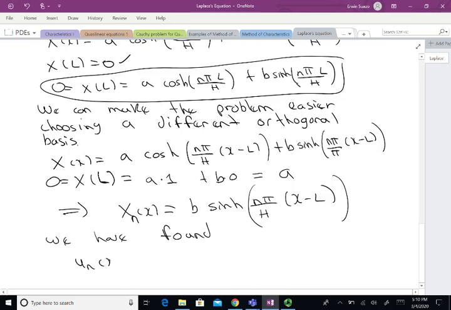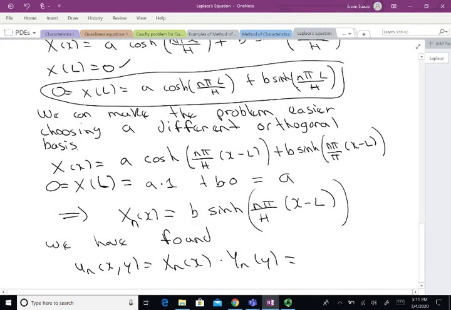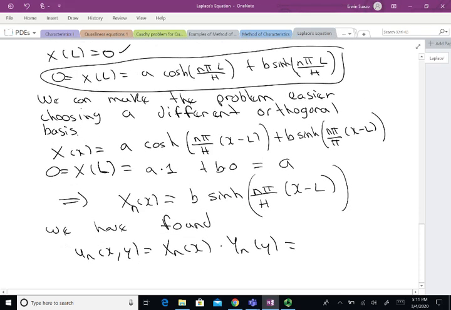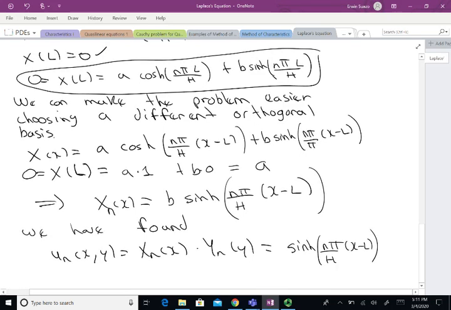Okay, so we had found u_n of x,y equals X_n of x times Y_n of y, and this is sine hyperbolic n pi over h (x minus L). We can put the b. Let's put the b.